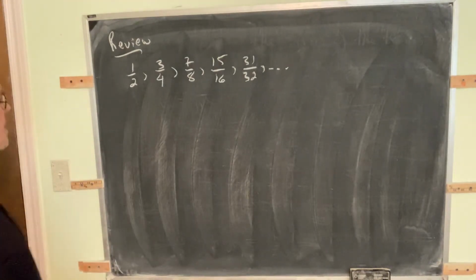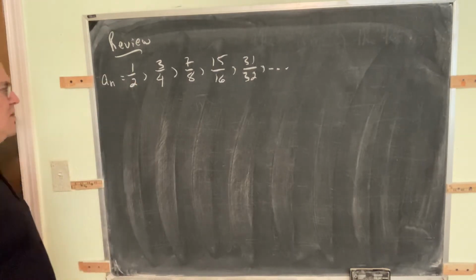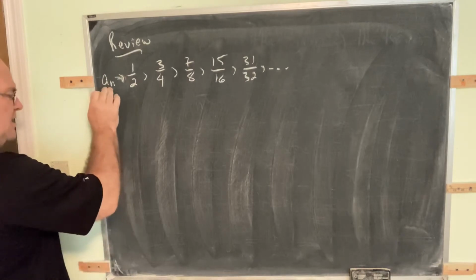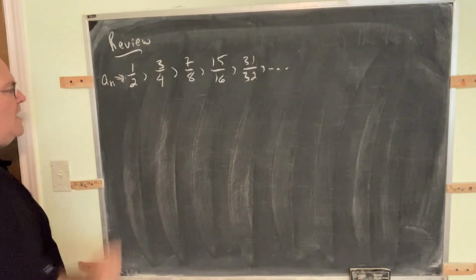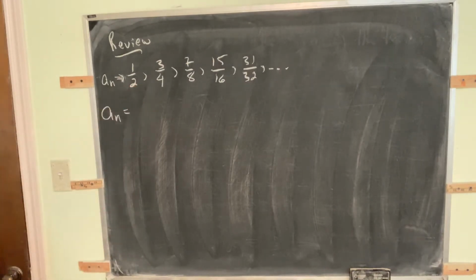Let's call this a_n. Those are the terms of the sequence. Can we find the generic term, the expression that is the generating rule for that sequence?